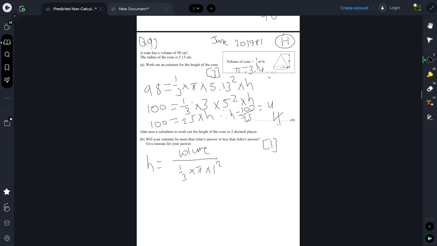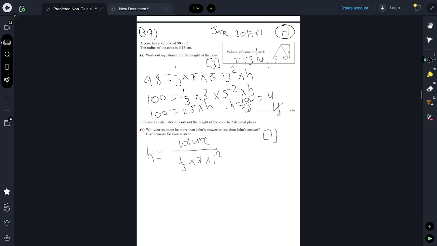We did all that bit, the third pi r squared, and got 25. And then we divided the volume by it. Now, what did we do? Our volume we rounded up.